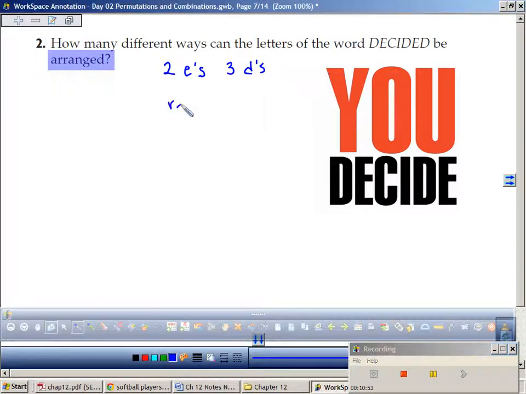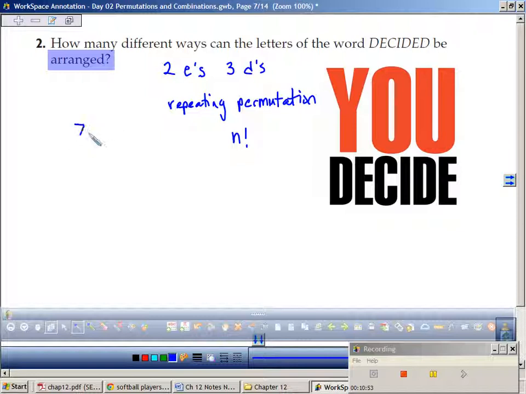So a repeating permutation, the formula goes like this. I've got n, in this case, would be the number of letters. 1, 2, 3, 4, 5, 6, 7.